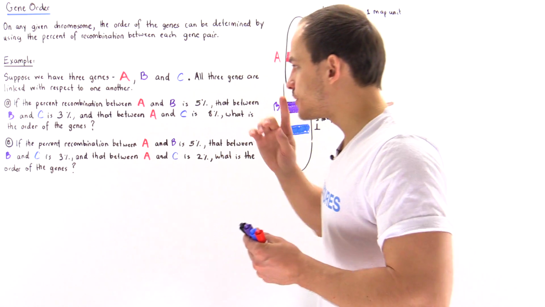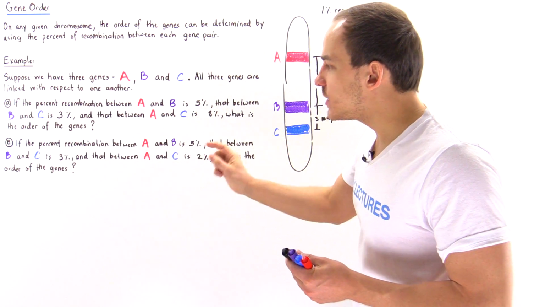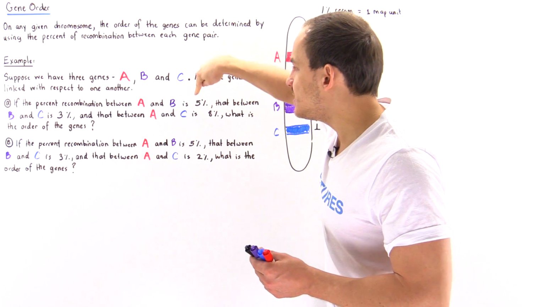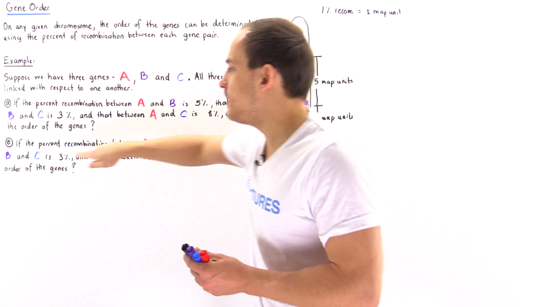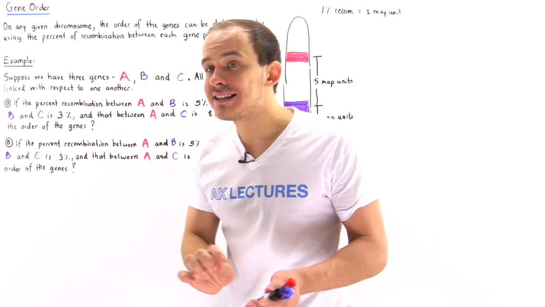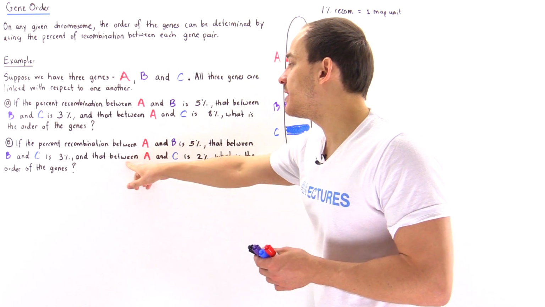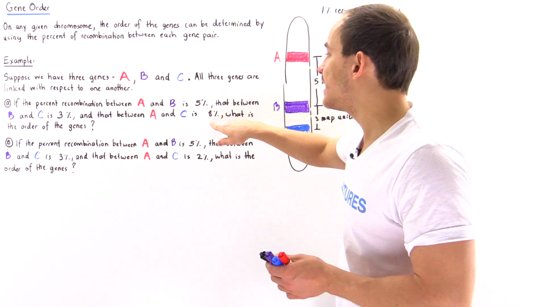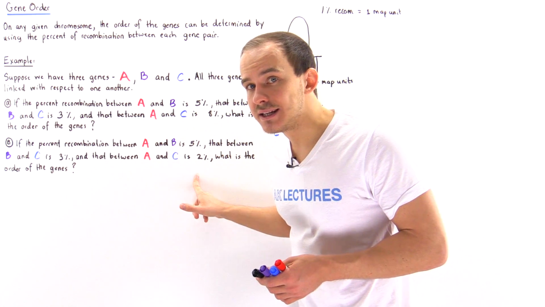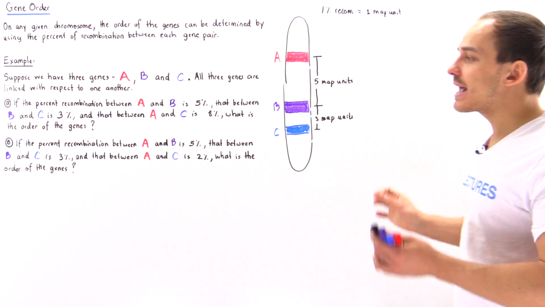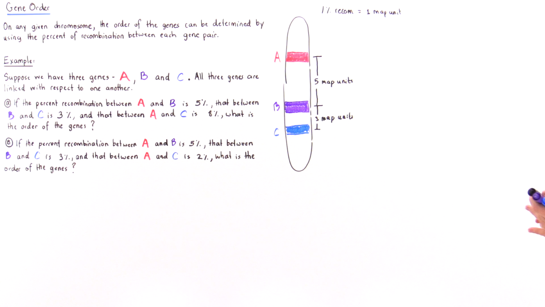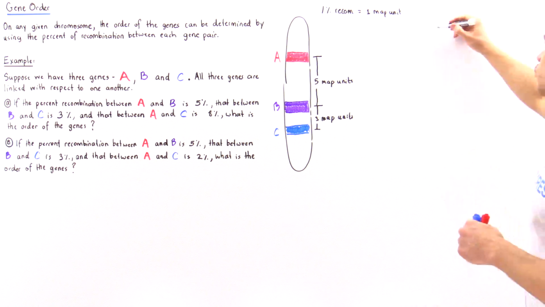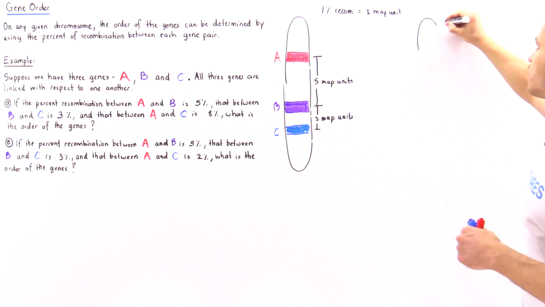Now let's suppose that the percent recombination between A and B is still 5%, between B and C is 3%, and now the percent recombination between A and C is not 8% but 2%. The question is, how exactly will the order of the genes change? Let's redraw our chromosome.